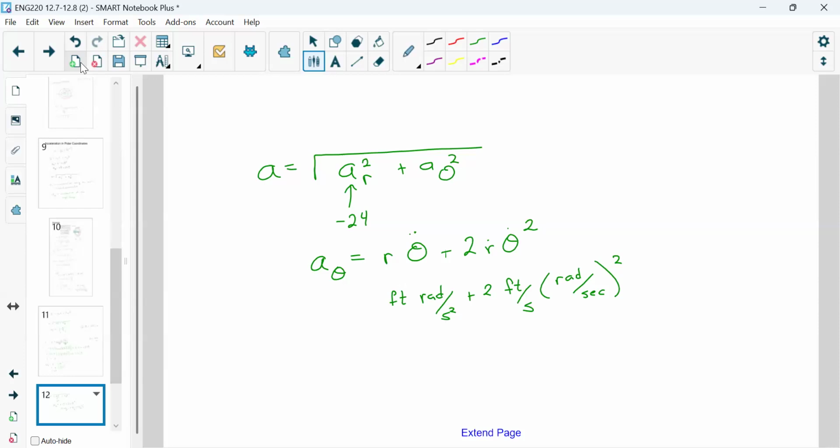Oh, wait, there's no theta squared here. We're fine. So both of these end up being feet radian per second squared.